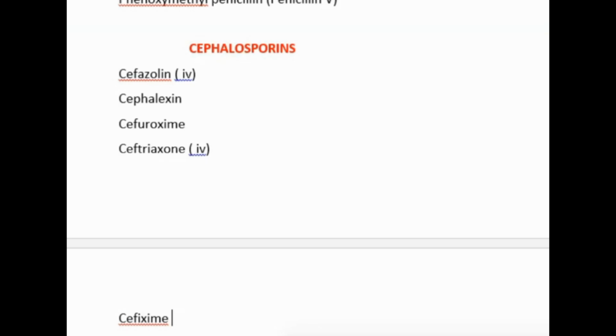So these are antibiotics which fall under the group of cephalosporins, used to treat gram-positive and gram-negative bacteria.